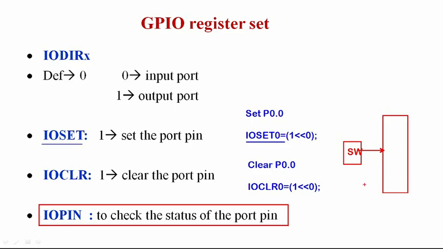In that situation I'll be using IOPIN, a register used to read the status of the port pin. How to use it, we'll see in the programming example in the next session.